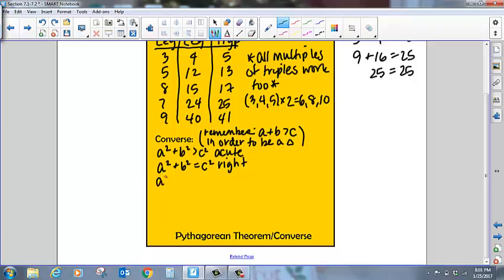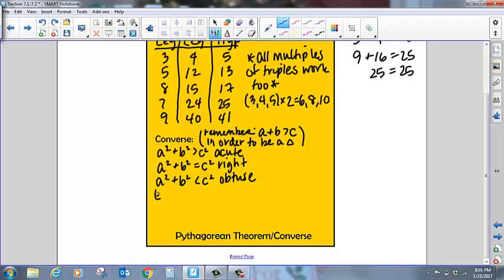And then if we have a squared plus b squared less than c squared, then that means we have an obtuse triangle. Okay? If I'm going too fast at any time, you guys feel free to pause whenever. I'm just trying to plow through this so that you guys can get to the homework here. But feel free to pause whenever you need to in order to catch up.